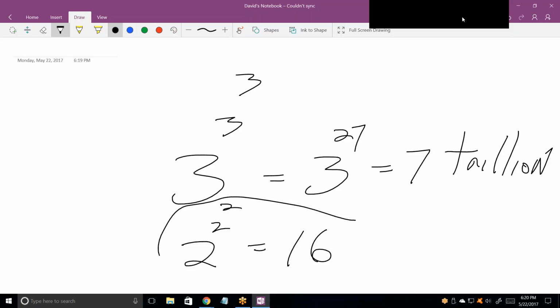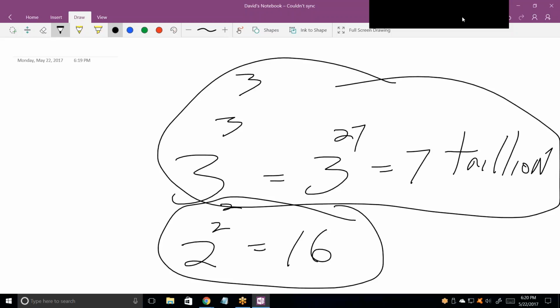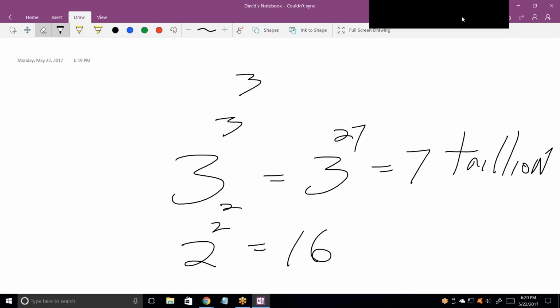It's amazing to me that that is a true statement. But when you have multiple exponentials like this, without parentheses, you work from the top down. Now, it's a different story if I have parentheses. If I put parentheses around that, then that's equal to 3 to the 9th, which is not that big a number. So the parentheses make all the difference in the world.